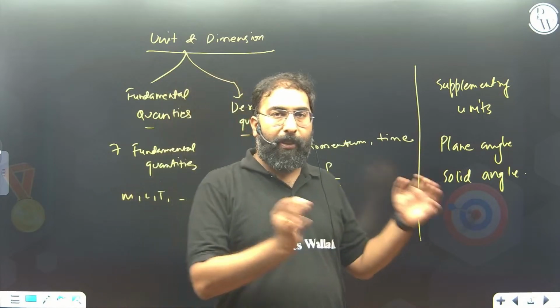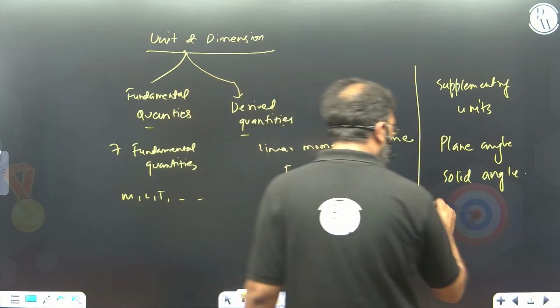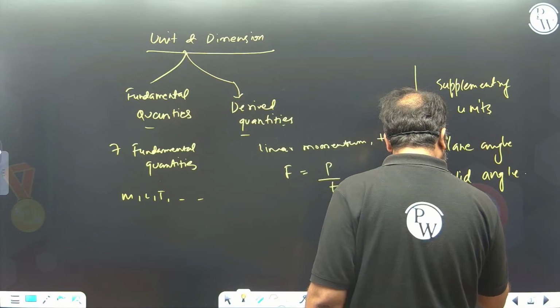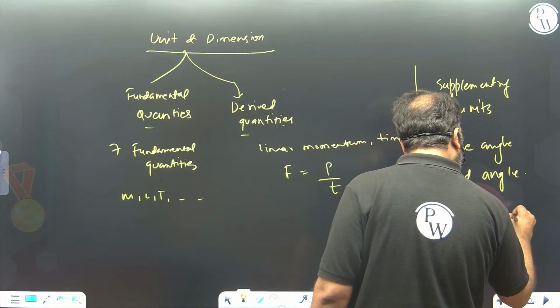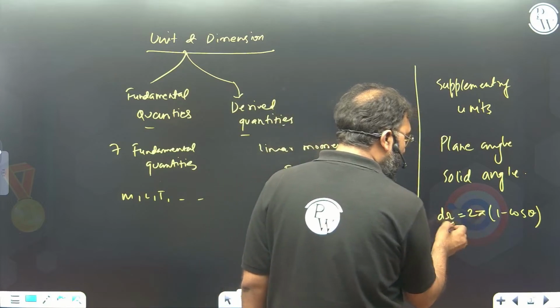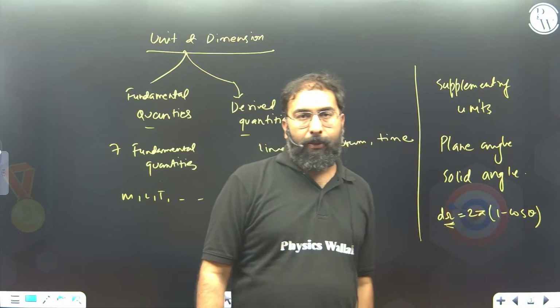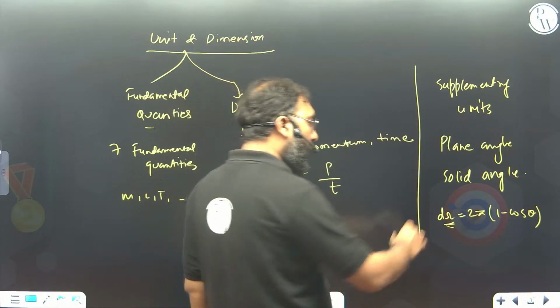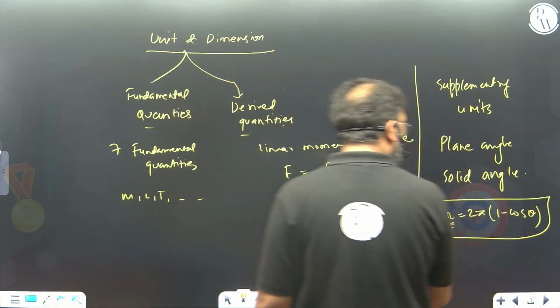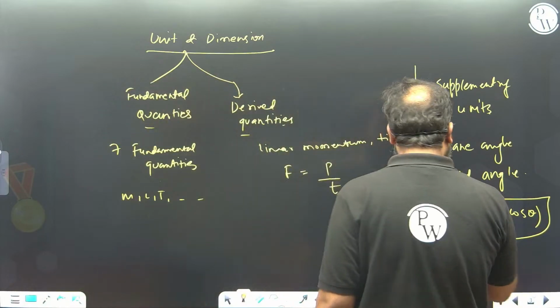Sometimes the calculation becomes easy by using the concept of solid angle. If you remember, solid angle is 2 pi into 1 minus cos theta, where theta is the plane angle. So if you remember this formula, it's fine. Otherwise you can note it down, where theta is the half cone angle, right?